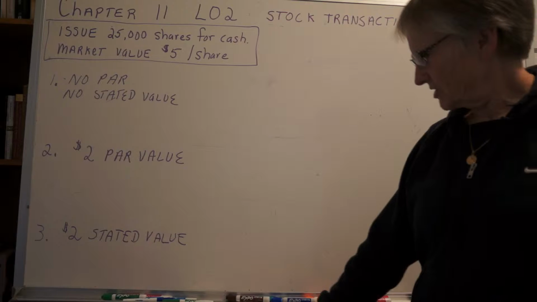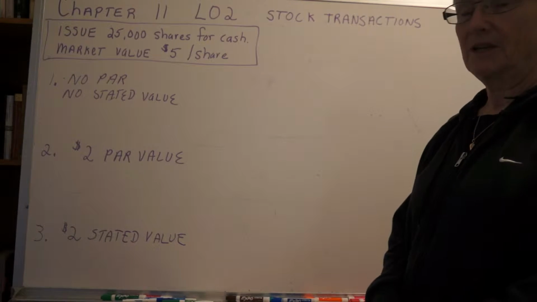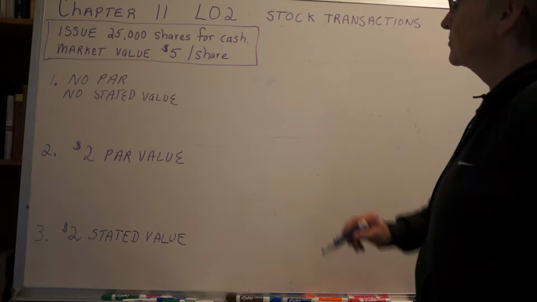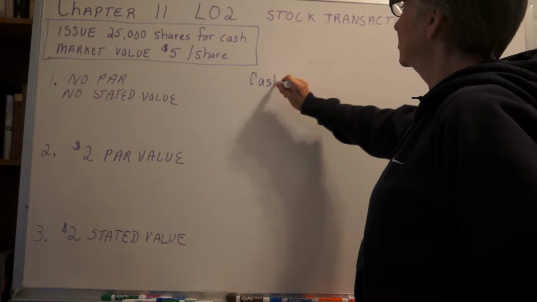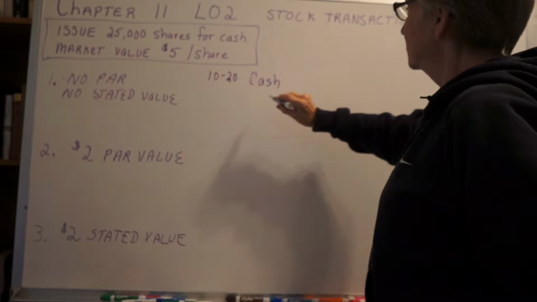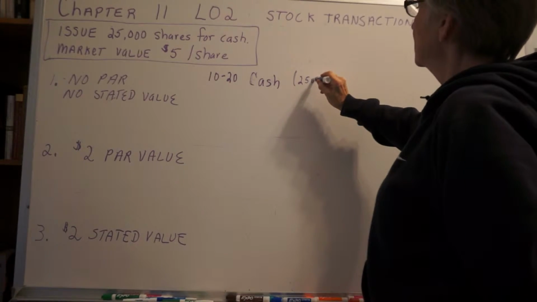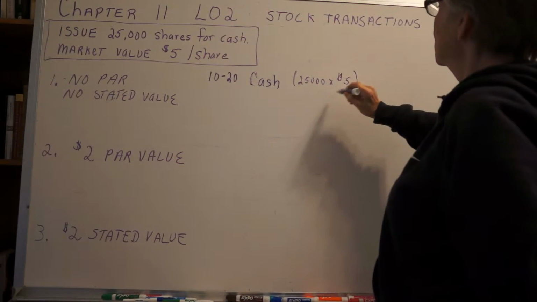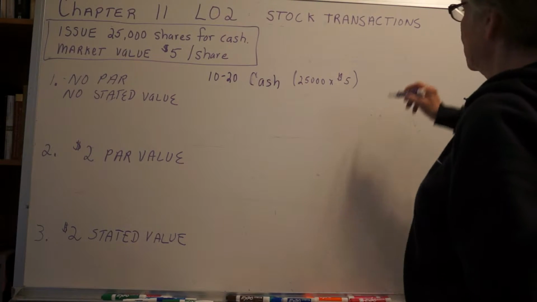The first instance is the stock has no par value and no stated value. So in that case, we would simply say, okay, how much cash did we get? We would make our journal entry. Let's say it's the 20th of October. We got 25,000 shares times $5, because we issued 25,000 shares and got $5 for each one.